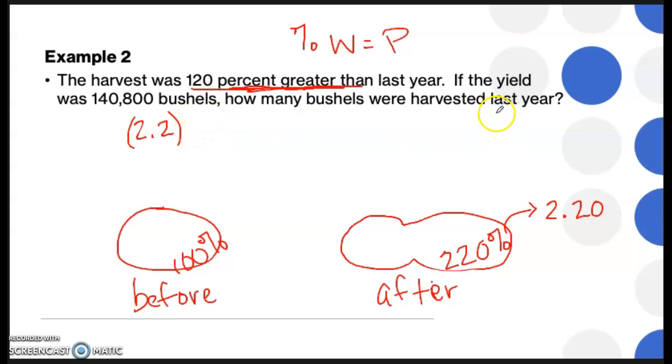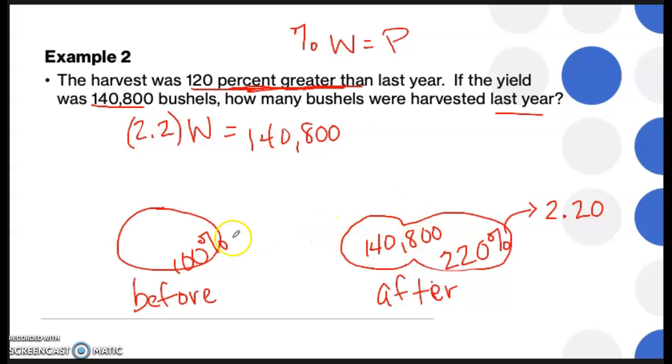That's what they're asking for, last year. So they're looking for last year, the before, the whole, equals the part. Do we know the part? Well, this year's part was 140,800 bushels. That's our part. Now we have an equation. We can solve for it. We can find the before amount, which is what they're asking for, last year's amount.